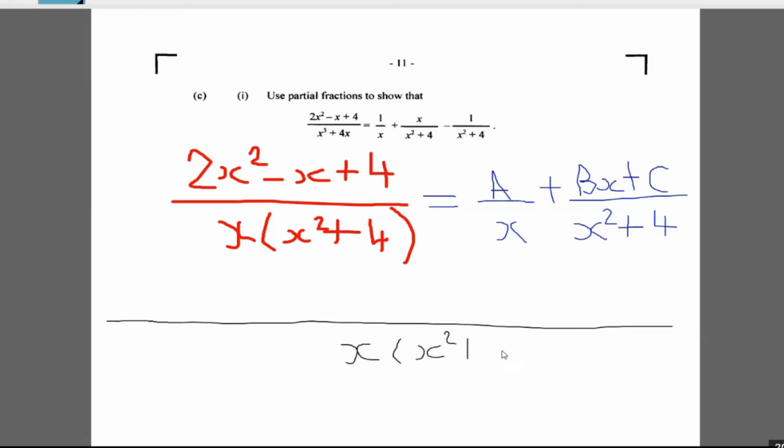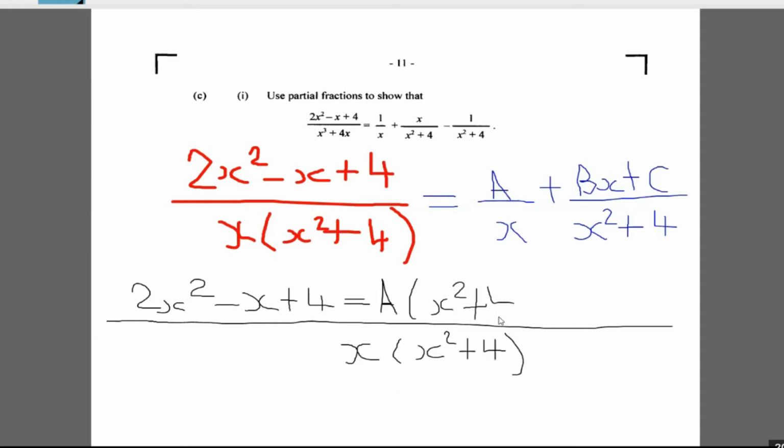And so now we multiply through, so we're getting 2x squared minus x plus 4 equal to: x into this leaves A times x squared plus 4.